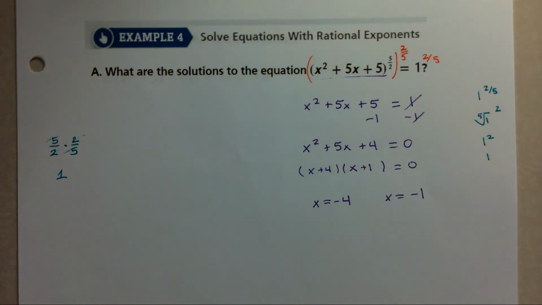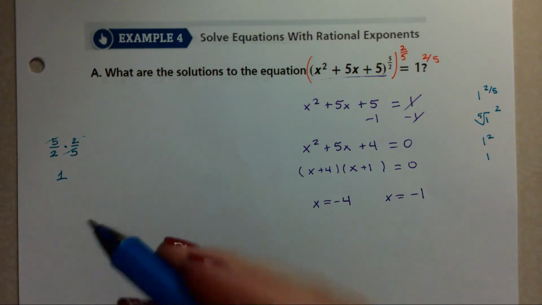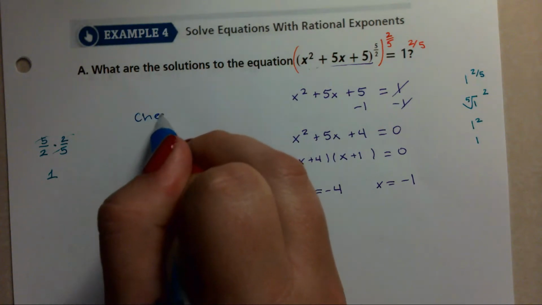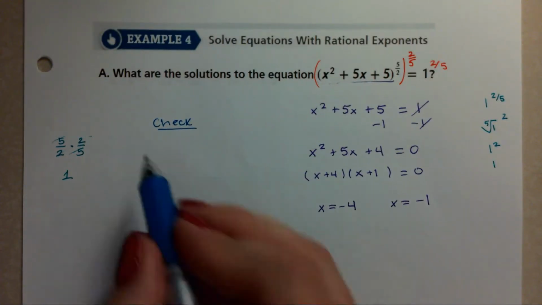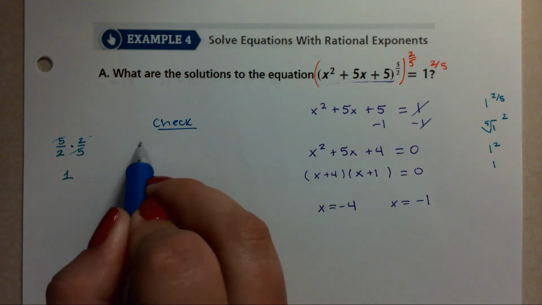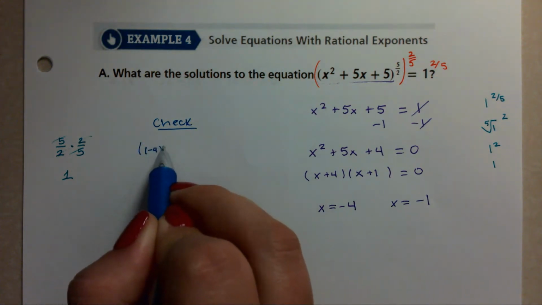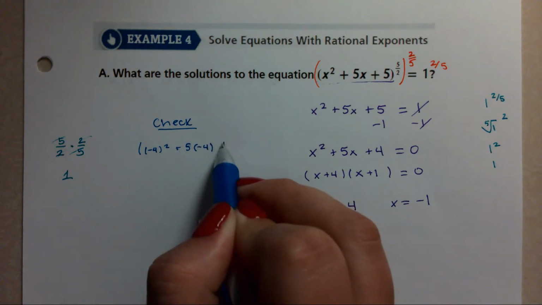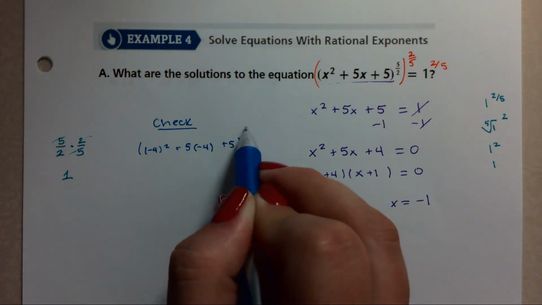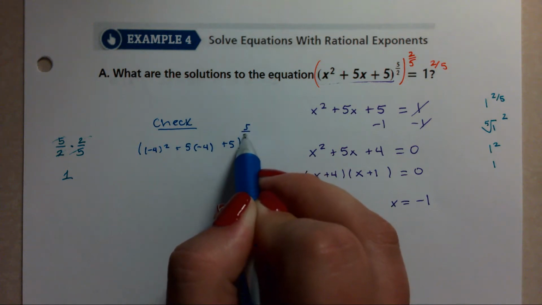And we should check those really quickly to make sure that those are both viable solutions. So I'm going to do a pretty quick check. If x is -4, we're going to have -4 squared plus 5 times -4 plus 5, to the 5/2 power, equal 1.